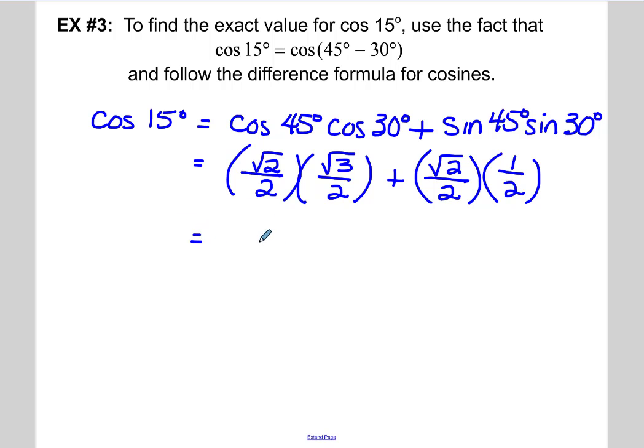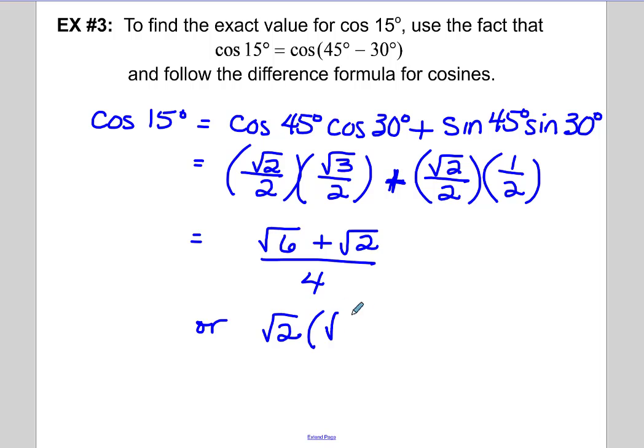So simplifying all of that, we have square root of 6 plus square root of 2, divided by 4. Now you notice between the sums how we have the square root of 2 as a common factor. You can also rewrite that as square root of 2 times the quantity square root of 3 plus 1, divided by square root of 4. So either one of these answers would be appropriate. Just depends on what your teacher prefers.